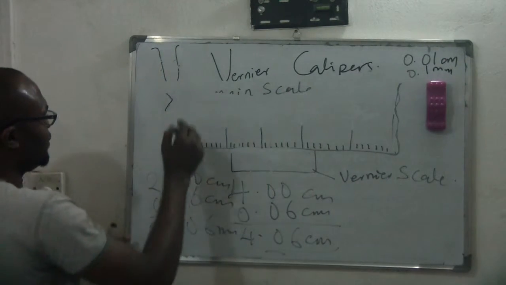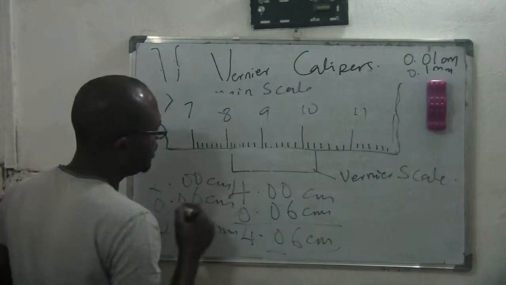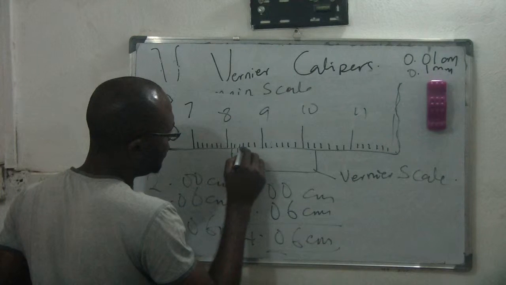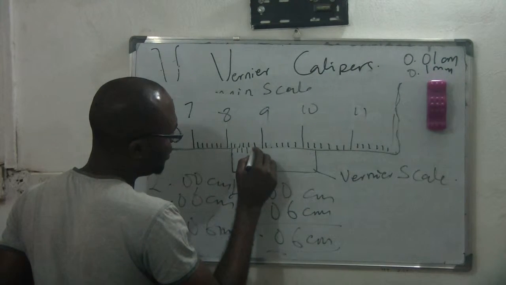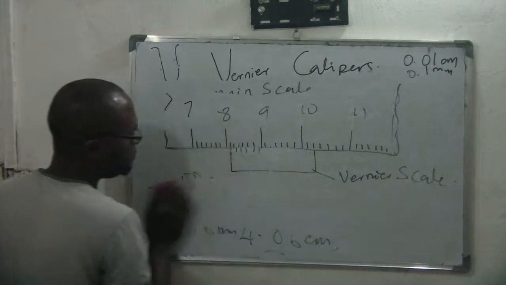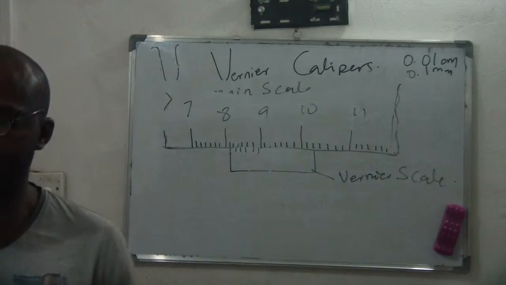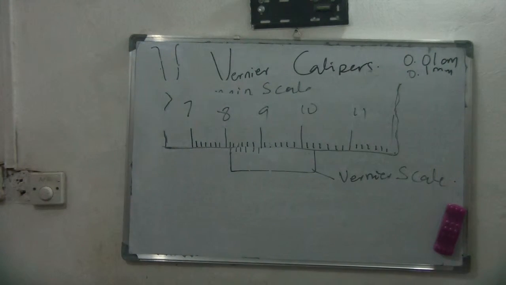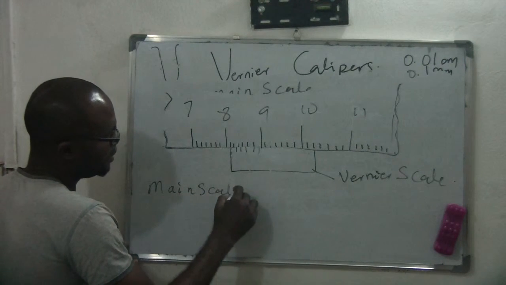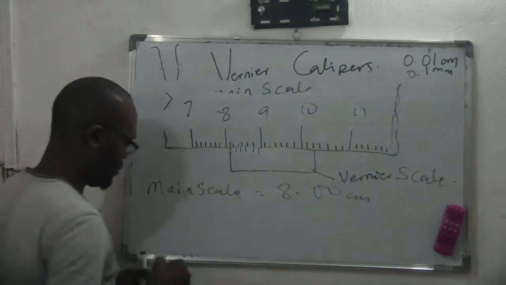So let's say you have this. I want you people to read this one for me. 7, 8, 9, 10, 11. Then here we have, what is the reading that we should have for this? This is how JAMB will bring it. That's how JAMB brings it every year. What's the main scale reading? 8.00 cm.